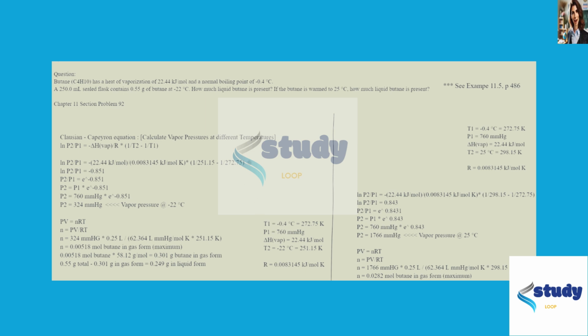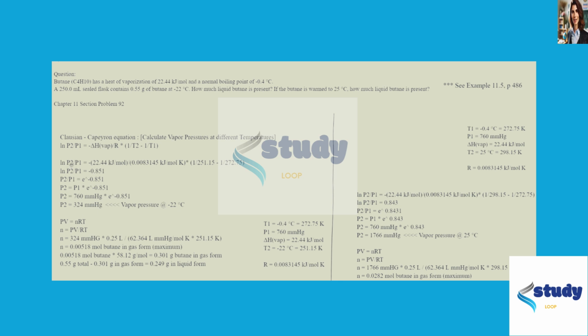And just as they do in example 11.5 on page 486, we can do some rearranging and simplification before we find our final answer.